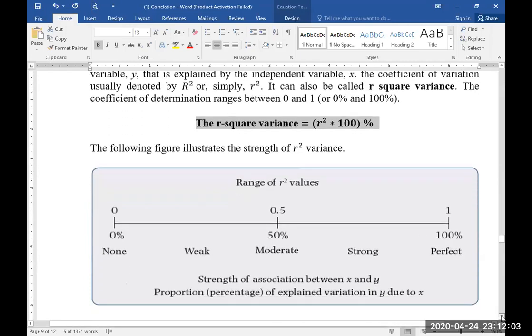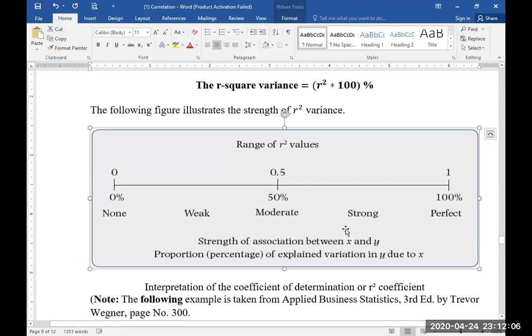The following figure shows how the relationship is explained by the numbers. From 0% to 50%, there is a weak linear relationship between the variables, or the explained variance between x and y is weak, or the independent variable explains y only weakly.